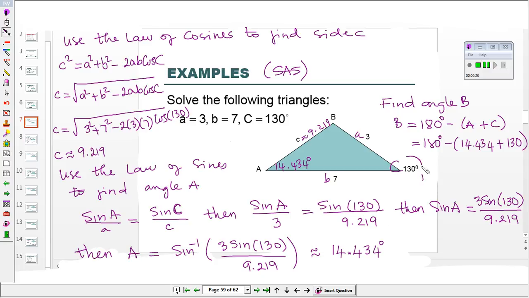So therefore, the angle B is 35.566 degrees.